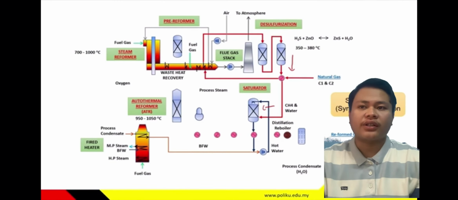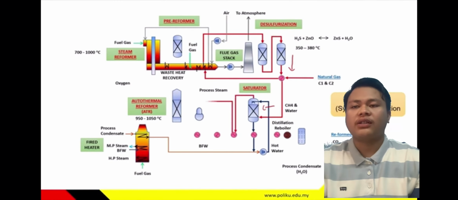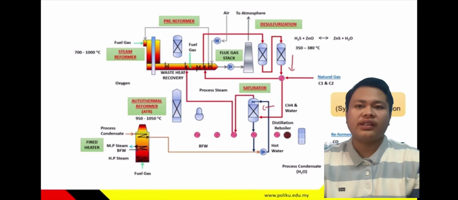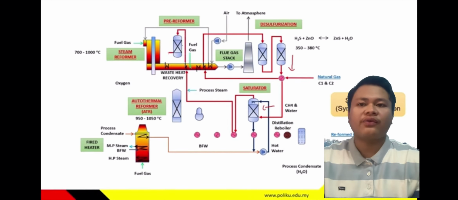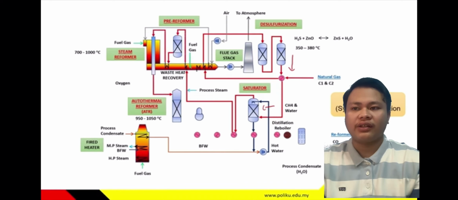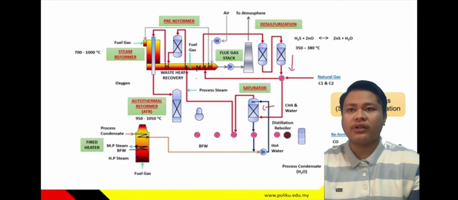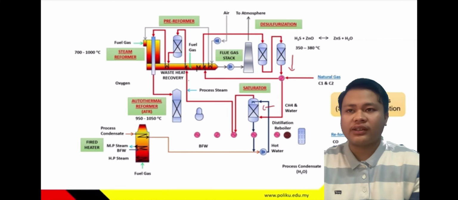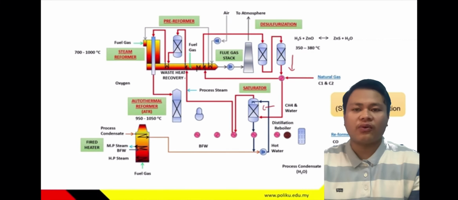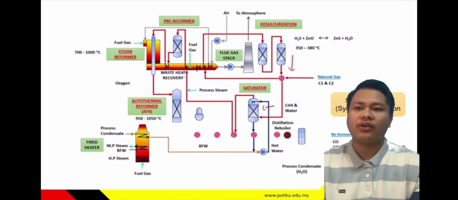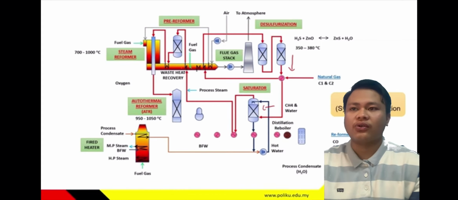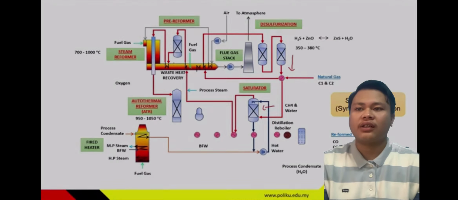So let's focus on the flow. From the saturator, it passes through the heat exchanger and goes into the steam reformer, where it will preheat up to the pre-reformer. At the pre-reformer, we add process steam. We reform our natural gas into carbon monoxide, hydrogen and also carbon dioxide.